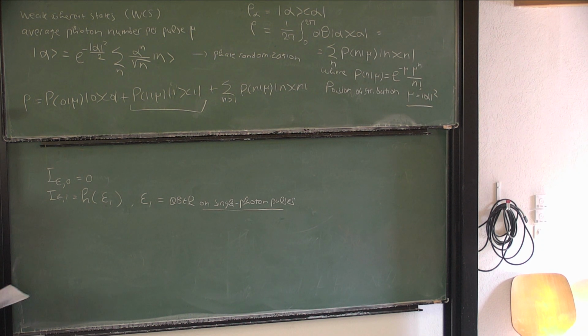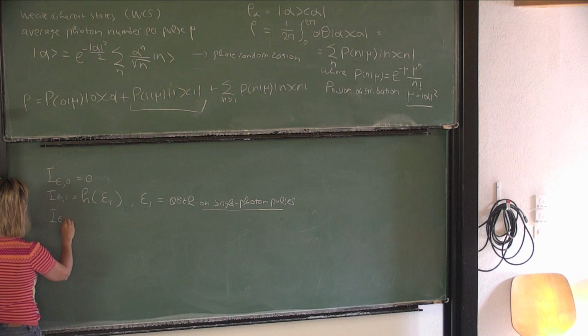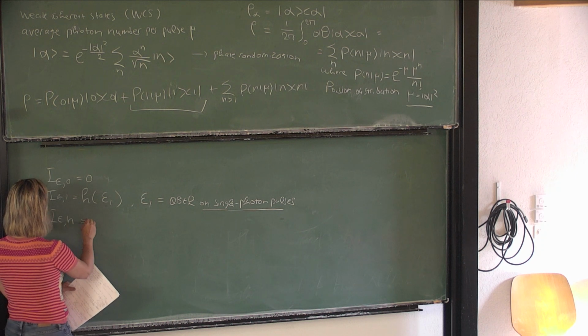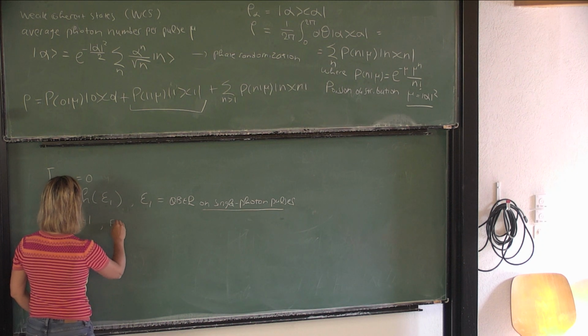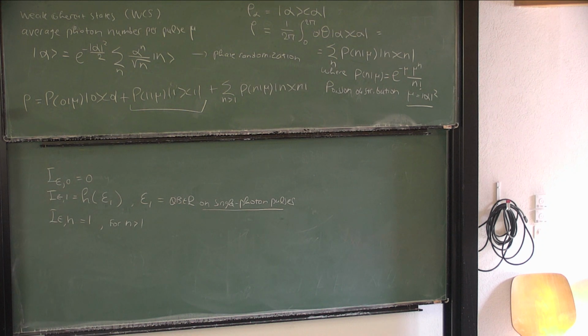And then you need to assume that for n greater than 1, she gets full information. So this is a little bit how the information that Eve gets can be understood.